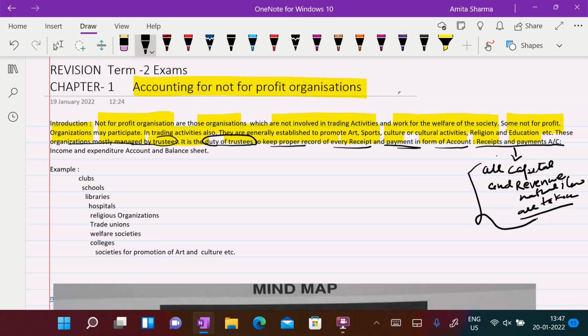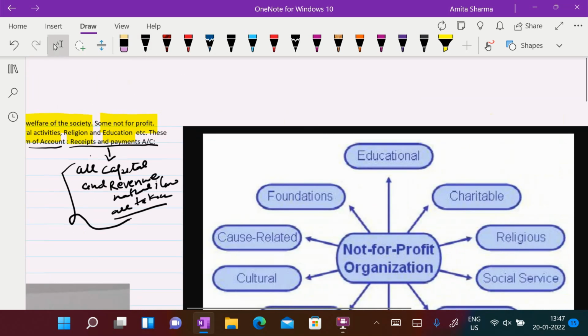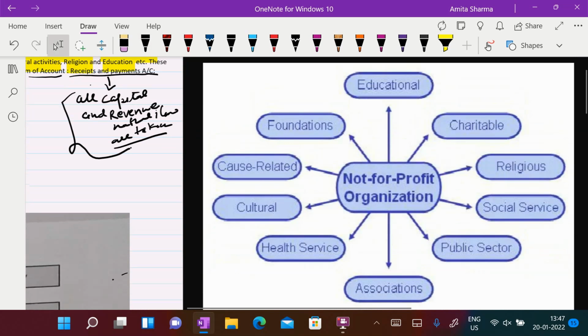So let us have few examples of not-for-profit organizations. Clubs, schools, libraries, hospitals, religious organizations, trade unions, welfare societies, colleges, societies for promotion of art and culture, etc. More, we can see in this chart.